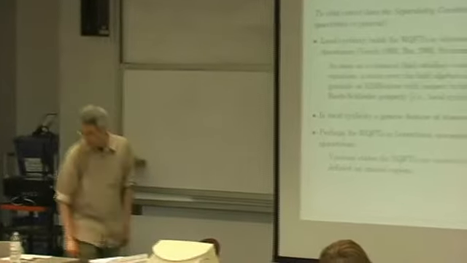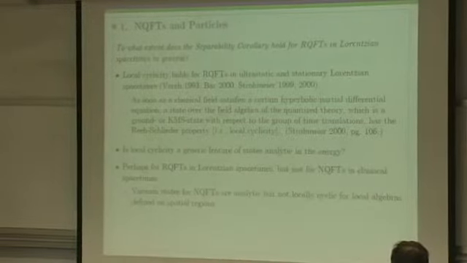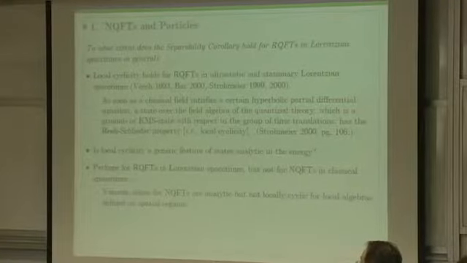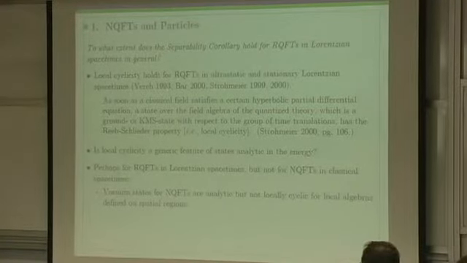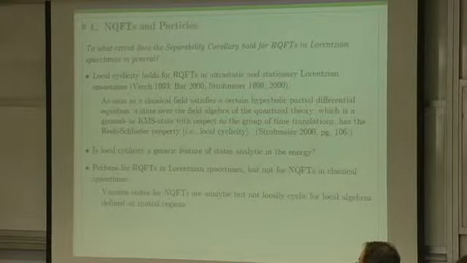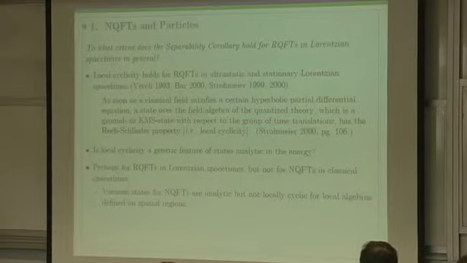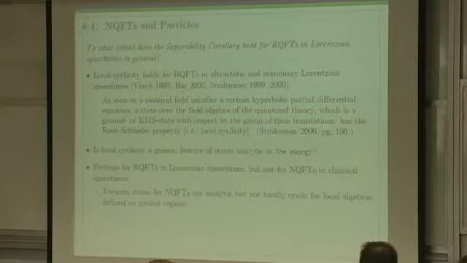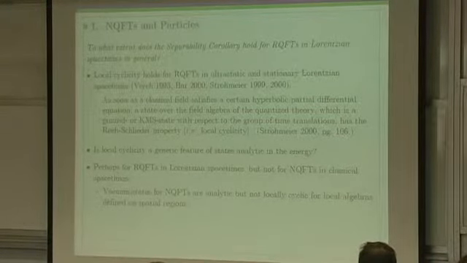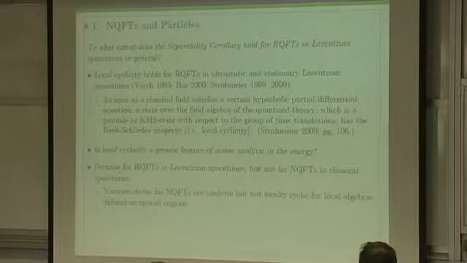However, as I'll discuss in just a moment, for local algebras defined on spatial regions of classical spacetimes, local cyclicity fails, even though, presumably, the vacuum state is analytic in the appropriate sense. Thus, it appears that analyticity isn't sufficient for local cyclicity either. So, in general, local cyclicity is not a generic feature of analytic states.